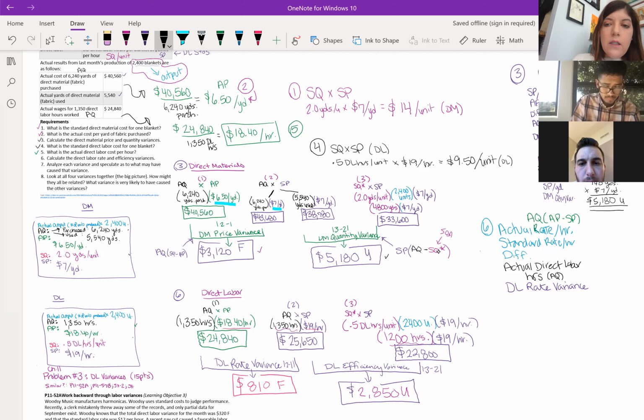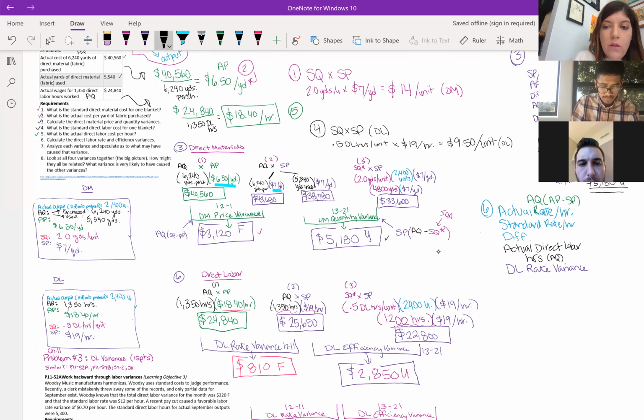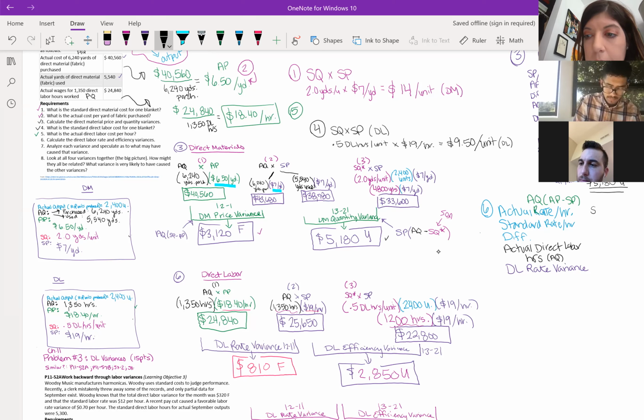For 6, we did calculate them, but just to write it the way that they want you to write it. Actual rate per hour was $18.40 per hour. Standard rate is $19 per hour.